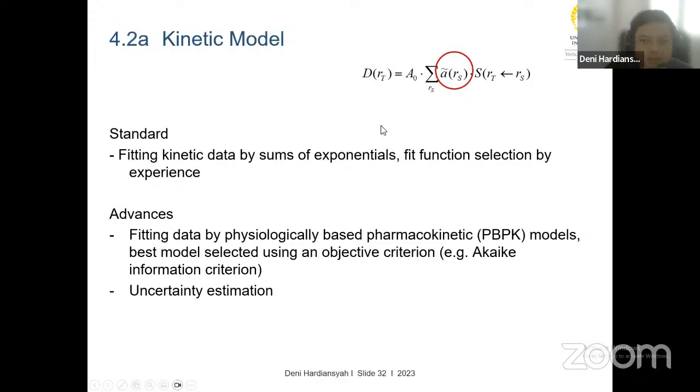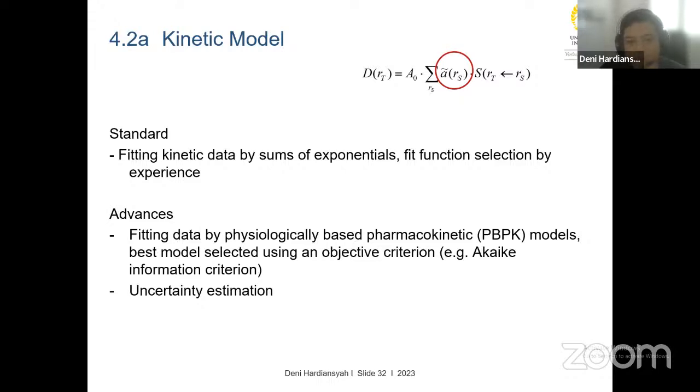Here, we still need to do this for the calculation of the time integrated activity coefficient. The standard one, we can perform fitting of kinetic data by sums of exponentials, and also fit function selection by experience. The advanced one, you can actually use very complicated modeling.